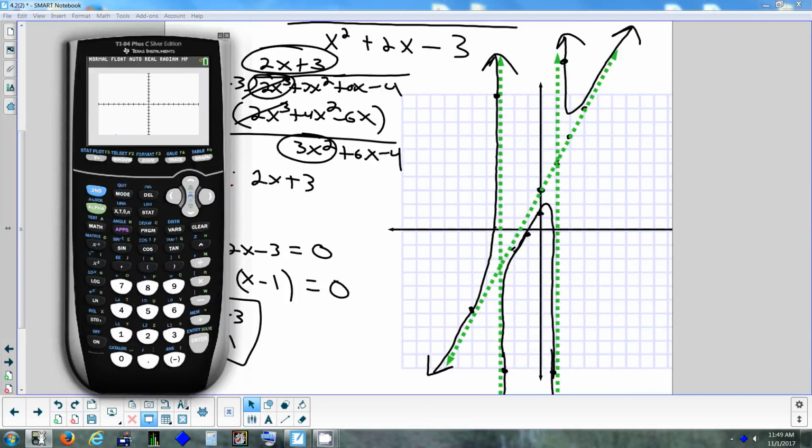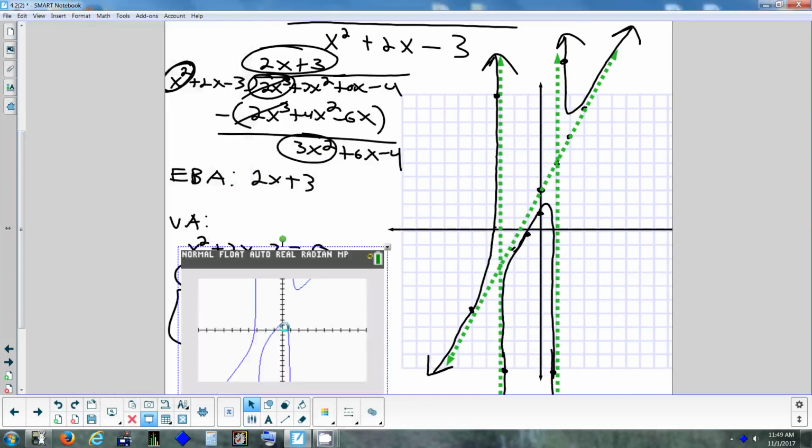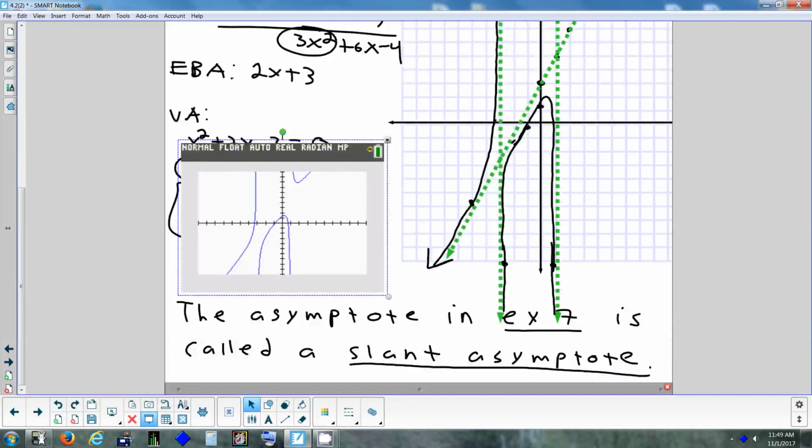Let's see how we did. So there's the left section. That's the middle. And there's that little U I was talking about at the top. So there's your graph. Any question on that one?